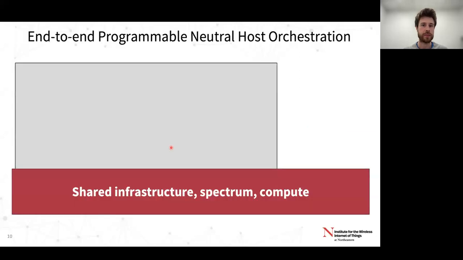So all of this can be brought even a step forward by assuming that we don't have every operator owning their own dedicated piece of equipment. For example, every operator owns their own base station, every operator owns their own controllers.